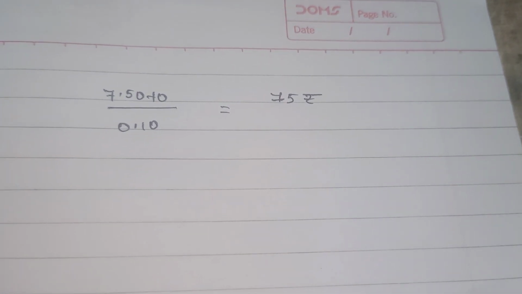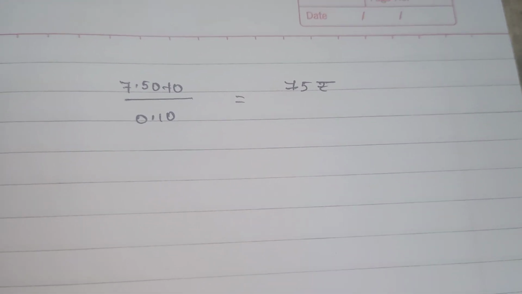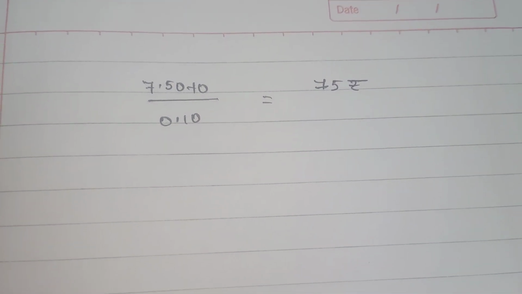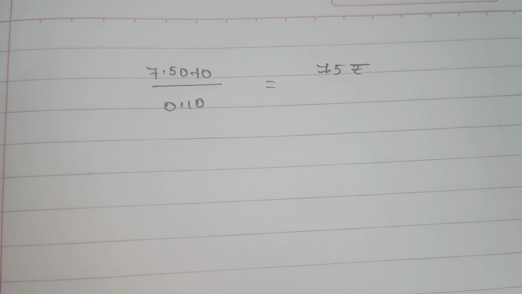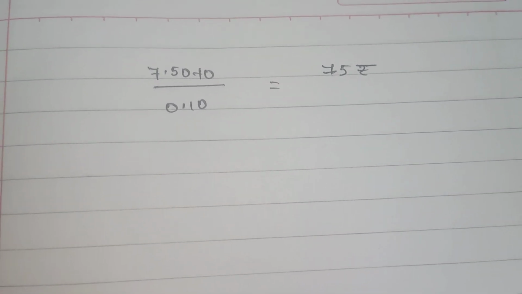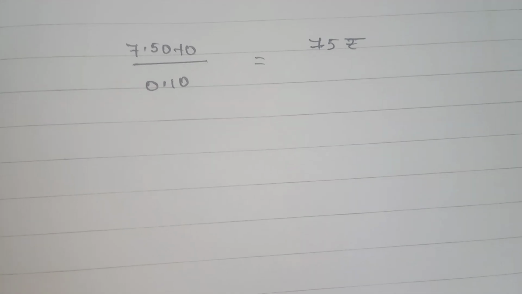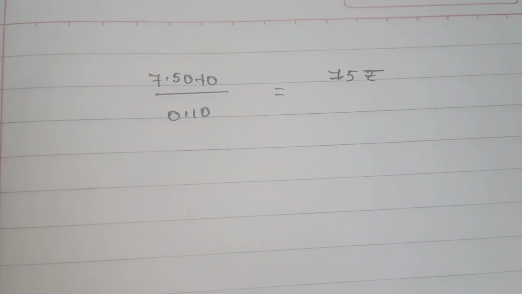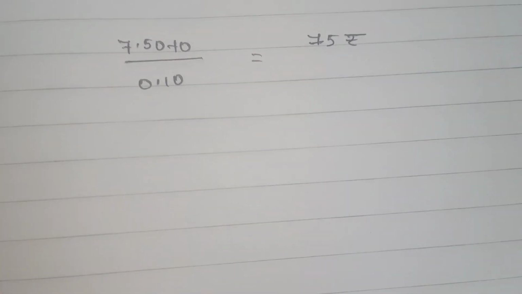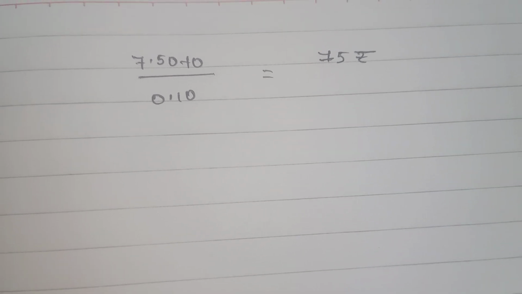Now let us see. What is R? R is equal to 0.08. K is equal to 0.10. So what is the position of R and K? Is R greater than K? No, R is less than K. So then it is declining form.